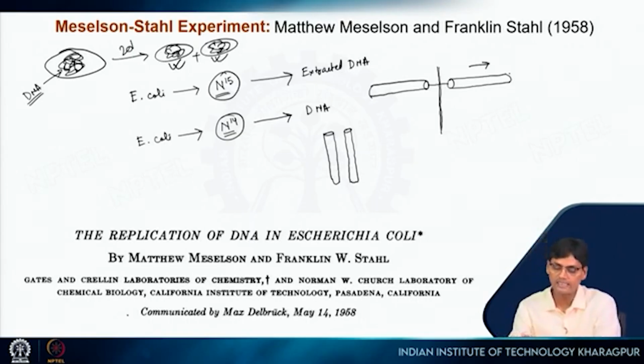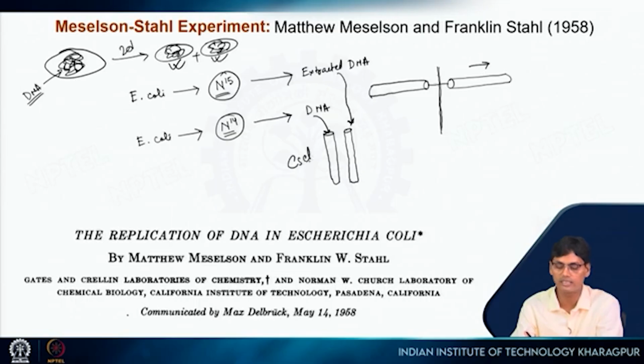Now, what they did, they loaded DNA samples, from the N15 sample here and from the N14 containing sample in this tube. In this tube they have a solution made up of very high density cesium chloride.